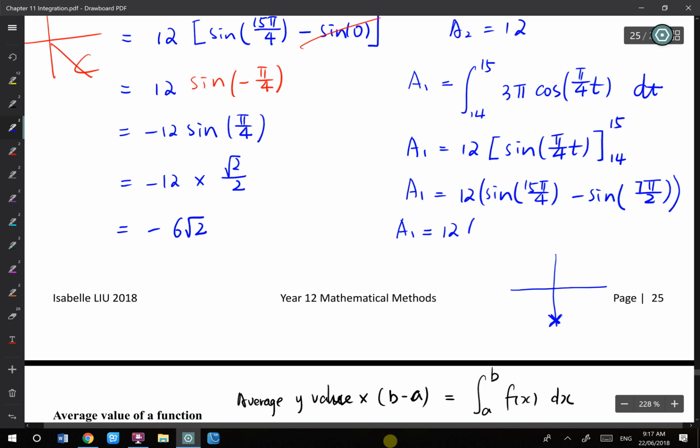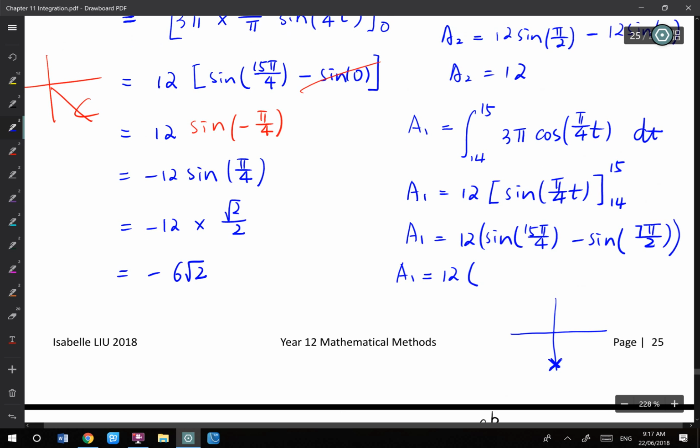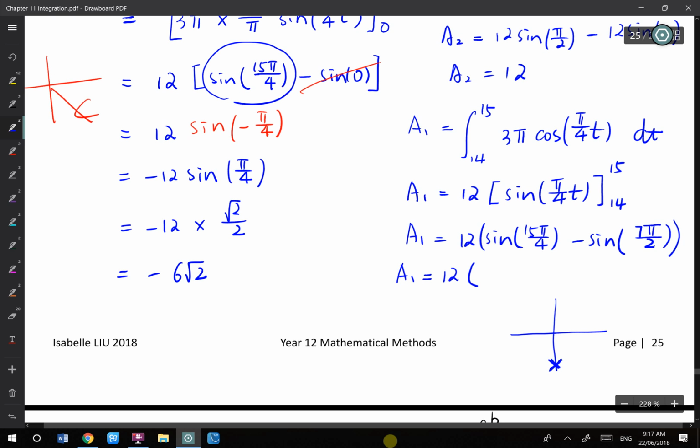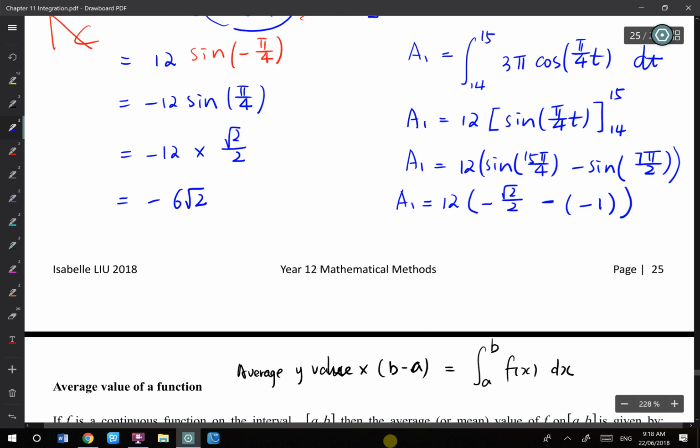So it's 12 bracket. Remember we evaluate here. That gives you negative root 2 over 2, it's a negative sine pi over 4, and then we minus a negative 1, because sine 7 pi over 2 is negative 1.